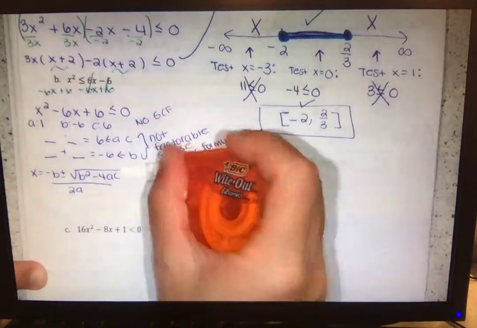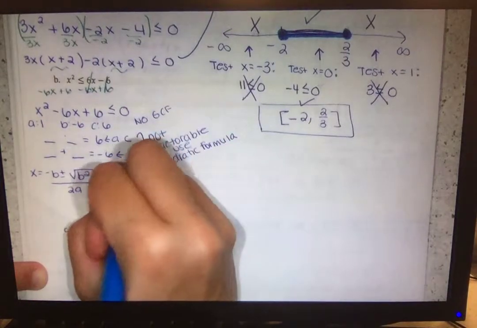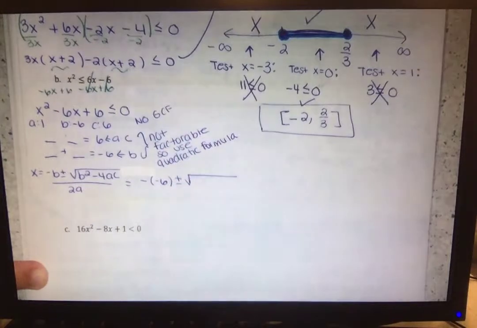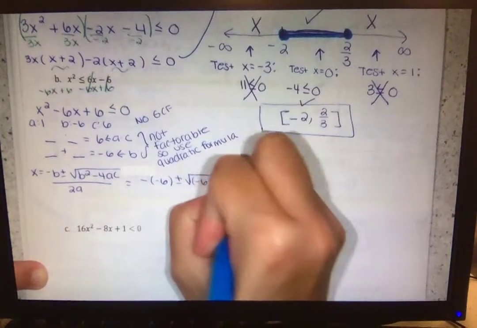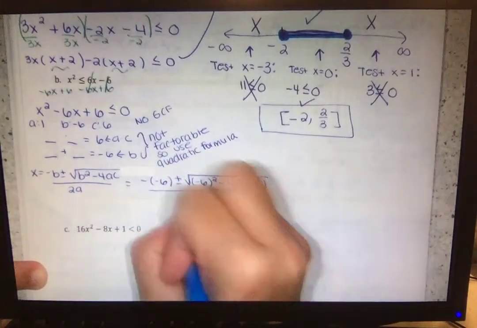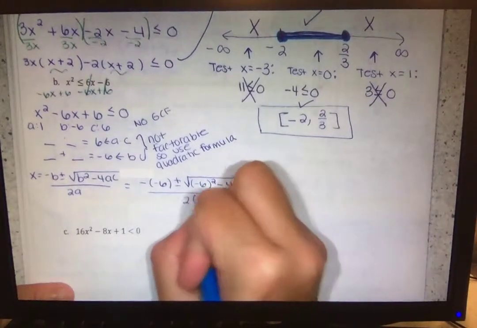We know that our a value is 1, b is negative 6, c is positive 6. We can take those values and just plug them in. So negative negative 6 plus or minus the square root of negative 6 squared minus 4 times 1 times 6, all over 2 times 1.